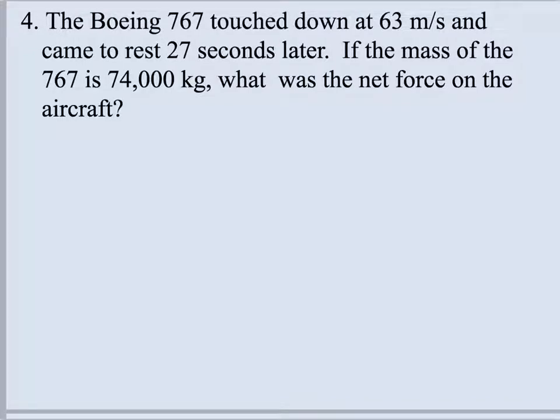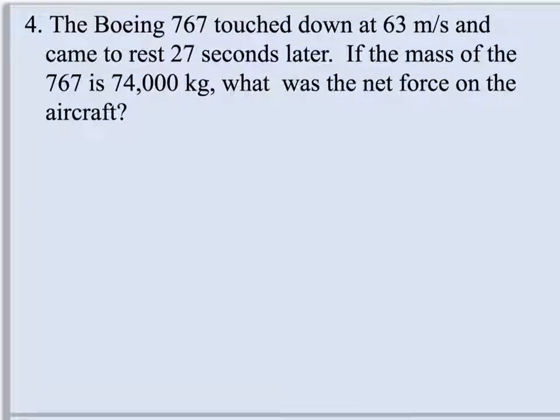All right, so we have a Boeing 767 touchdown at 63 meters per second. So as it's landing, it hits the ground going 63 meters per second and comes to a rest 27 seconds later. So hopefully you can read into that the final velocity here is 0. If the mass of the 767 is 74,000 kilograms, what is the net force on the aircraft?